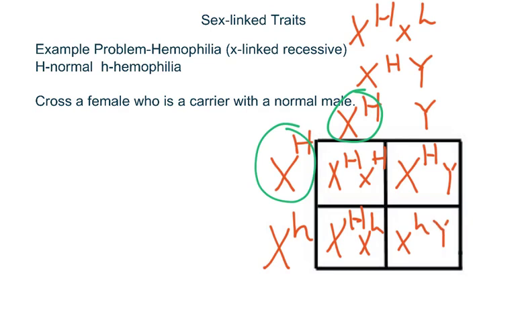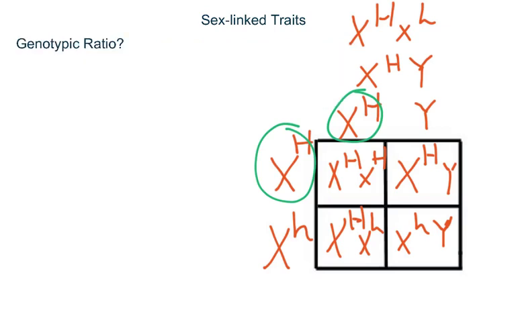So that's the way you would fill out your Punnett square. Now we need to analyze this. So that's where you can find the genotypic ratio, phenotypic ratio, and you'll be asked probability problems.